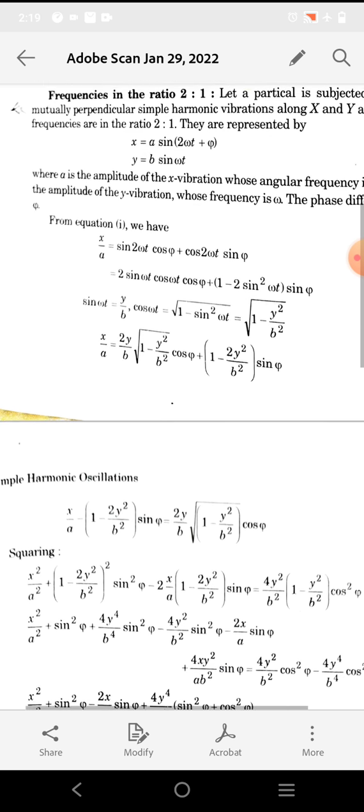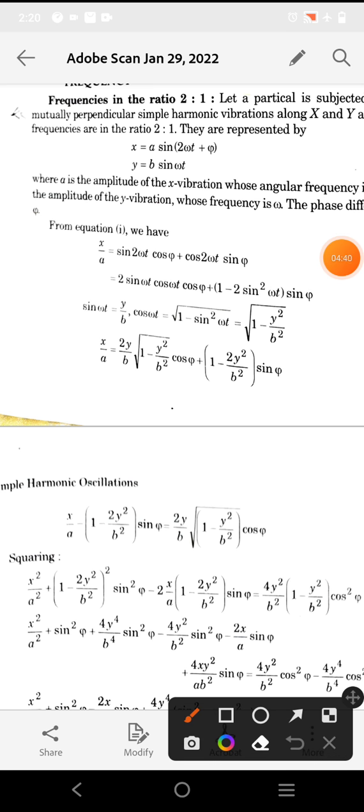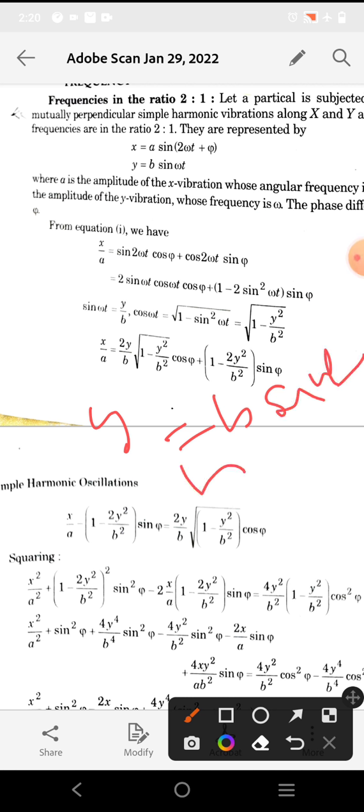By using the second equation, that is y is equal to b sine omega t, y by b is equal to sine omega t. Squaring both sides, what will we get for sine square omega t?